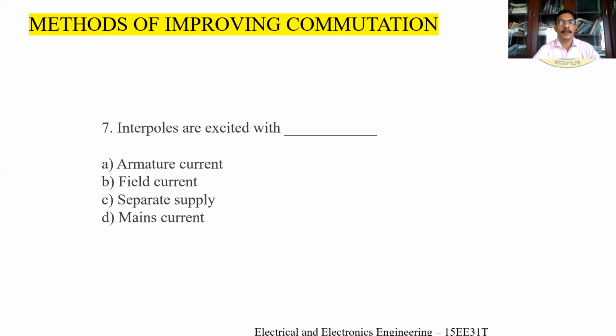Next, multiple choice questions on methods of improving commutation. Interpoles are excited with the dash. Options are A, armature current, B, field current, C, separate supply, D, main current. Select the correct answer.